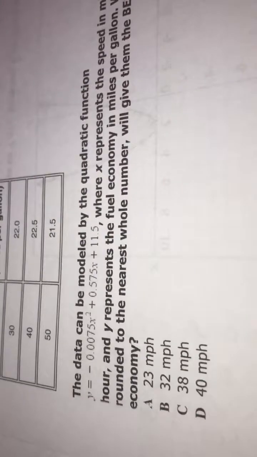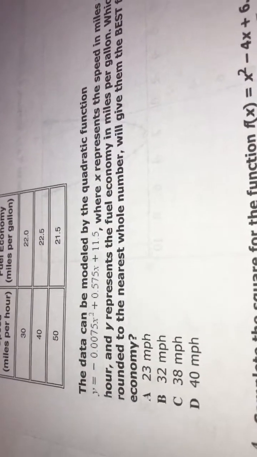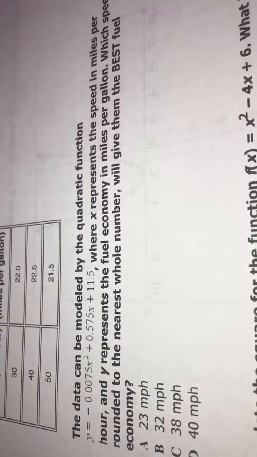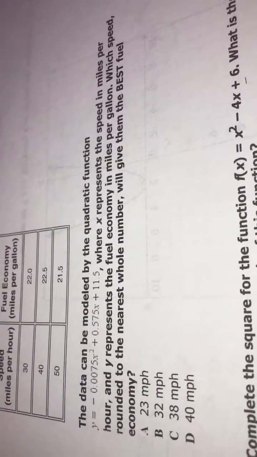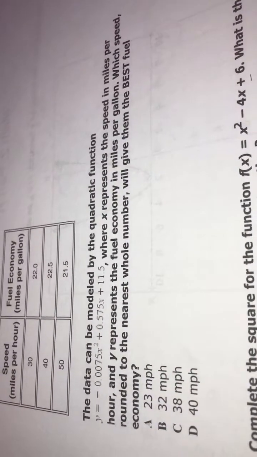Okay, it says the data can be modeled by the quadratic function y equals negative 0.0075x squared plus 0.575x plus 11.5, where x represents the speed in miles per hour and y represents fuel economy in miles per gallon. Which speed, rounded to the nearest whole number, will give them the best fuel economy?